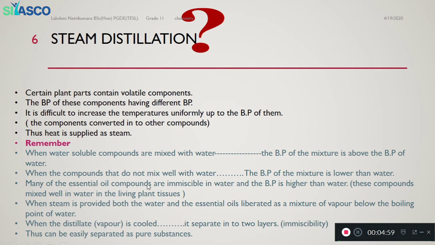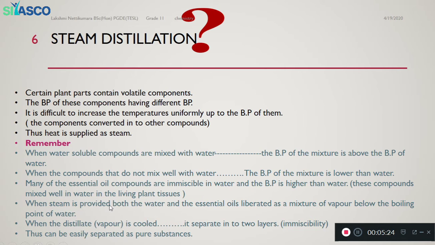Many of the essential oil compounds are immiscible in water. Immiscible means not mixed with water, and their boiling point is higher than water. These compounds mix well in water in the living plant tissue, that means within the cell.